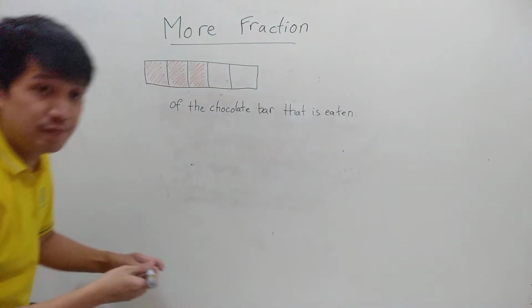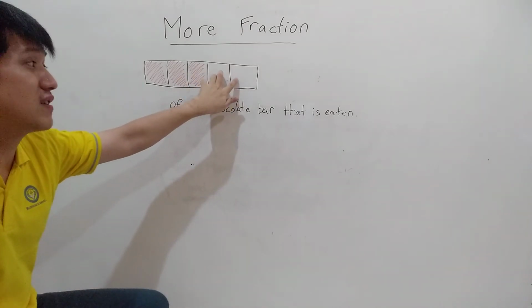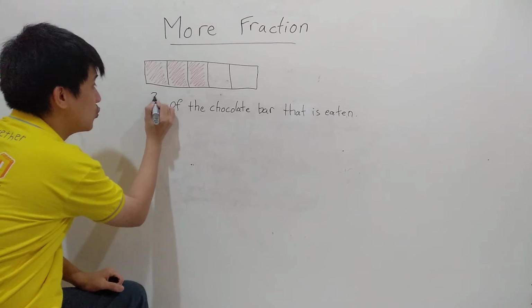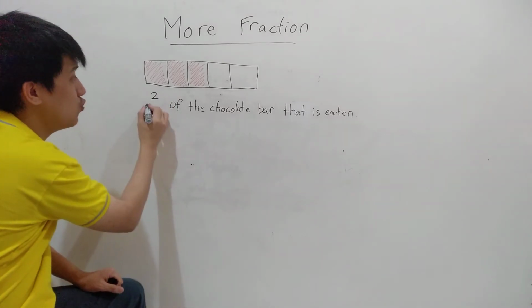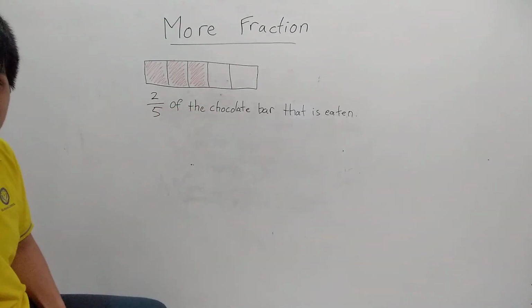Okay, so how many of the chocolate bar that is eaten? Remember that the one that I ate just now is this 2 part, right? So how many of the chocolate bar that is eaten? 2 of the chocolate bar. 2/5 of the chocolate bar that is eaten.